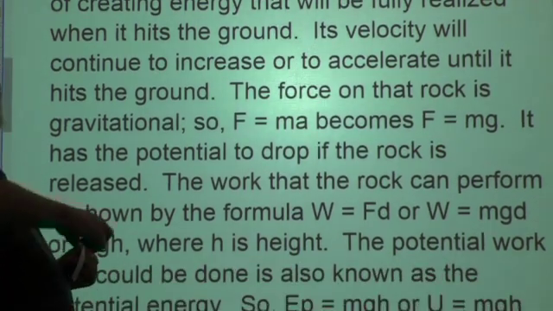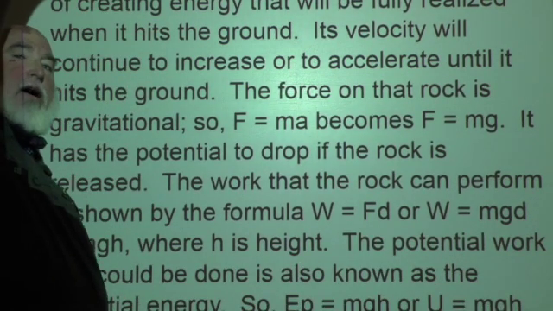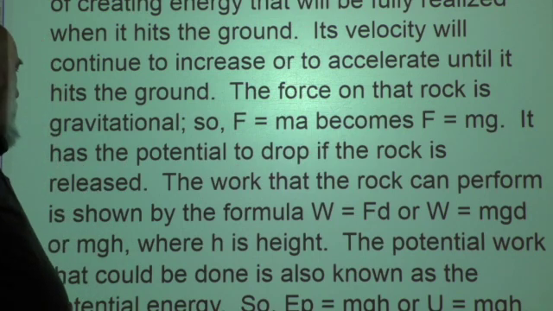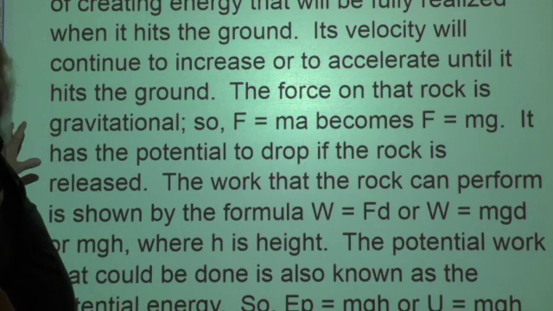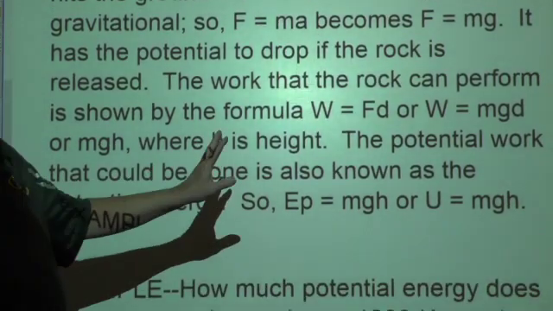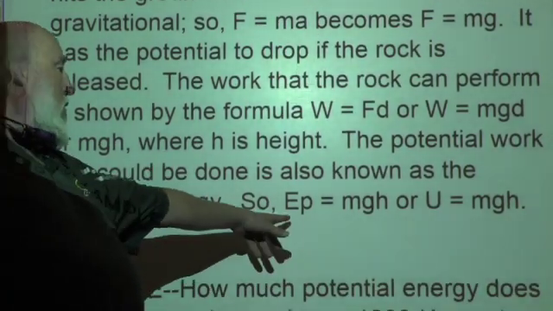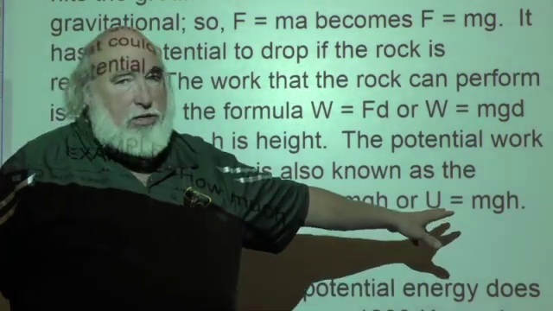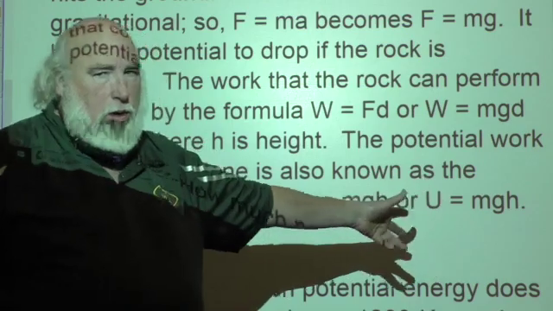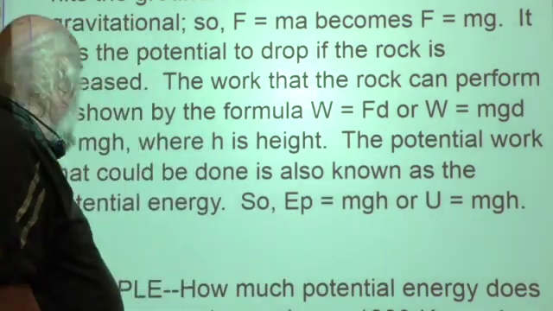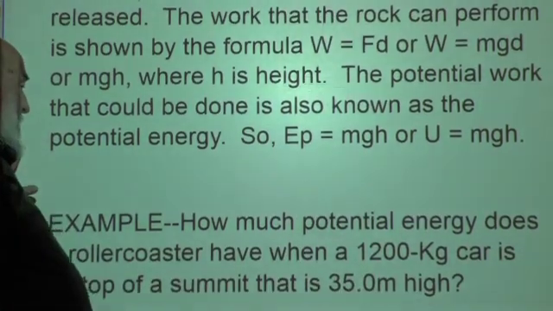The distance is the height of where it is in relation to the lowest point. Okay, so the potential work that could be done is also known as the potential energy. And so we use the symbol E sub P or U. The scientists dearly love to use the letter U for potential energy. I don't know. So let's take a look at an example.